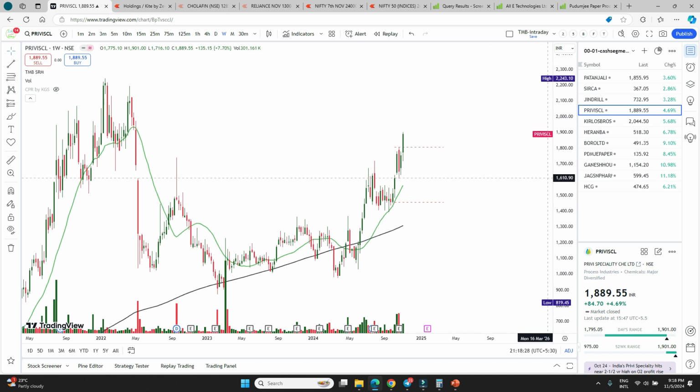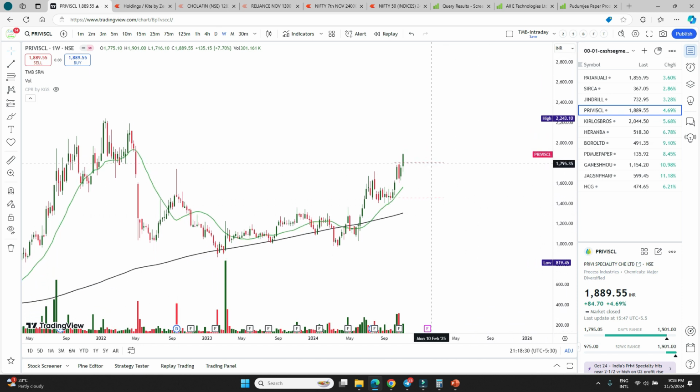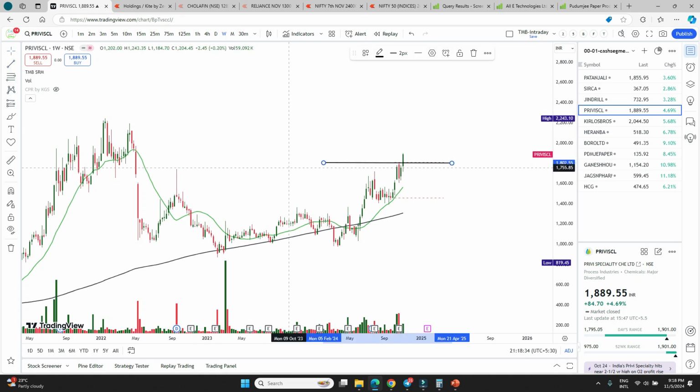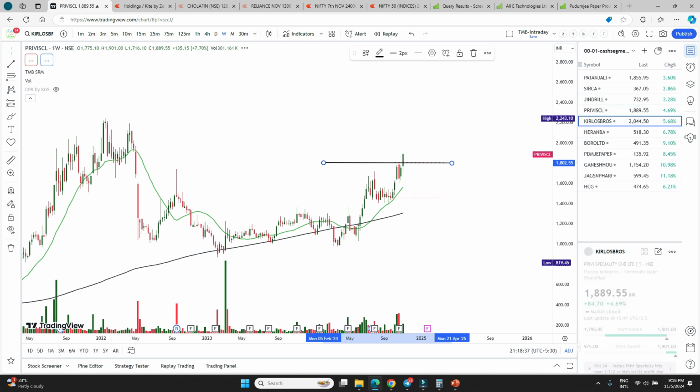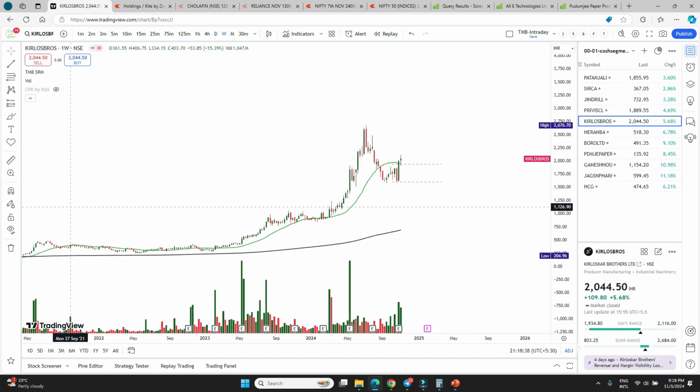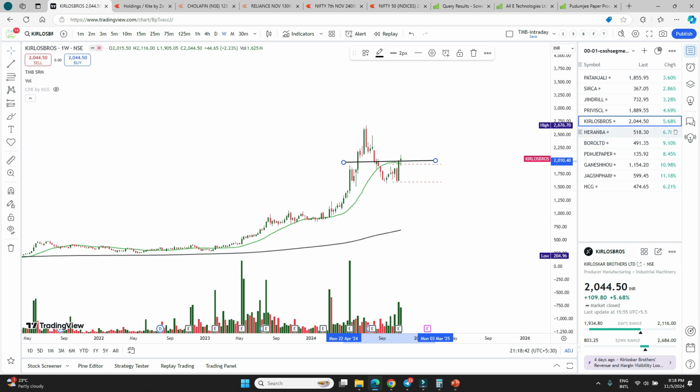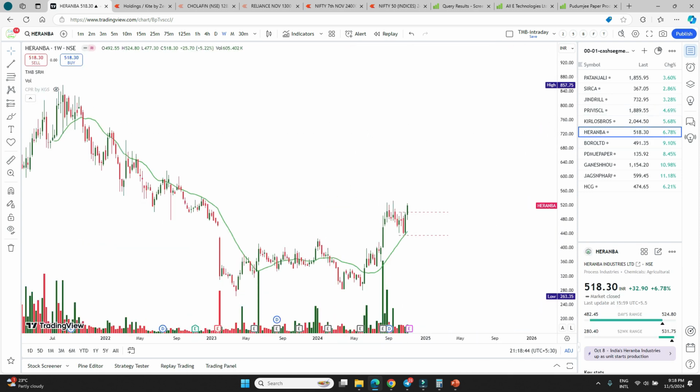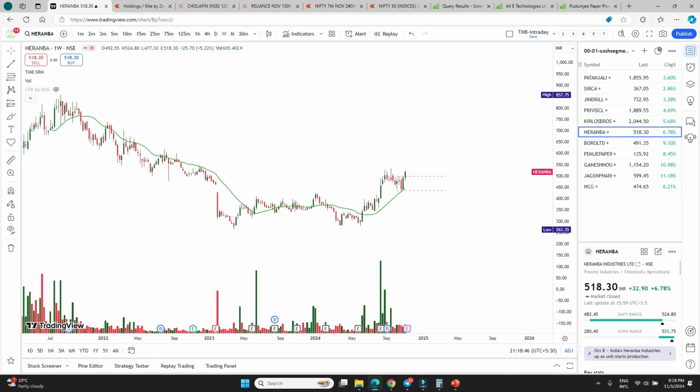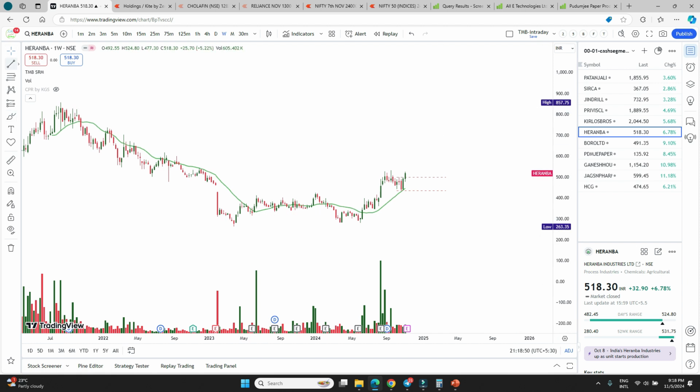Privi Specialty Chemicals also has a breakout pattern, trying to break out of the previous high. Kirloskar Brothers also has momentum. Like this, all the stocks. Herenba Industries, an agrochemical company, is also trying to break out.